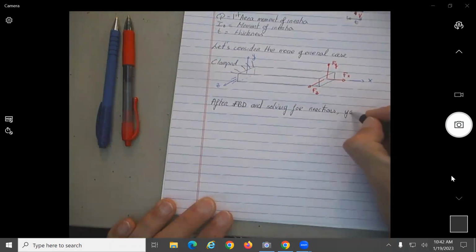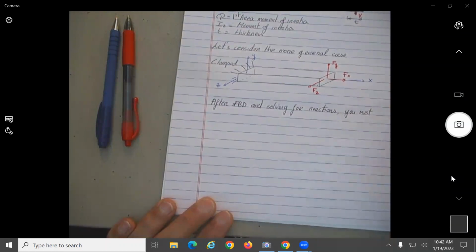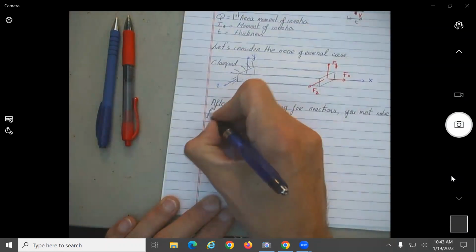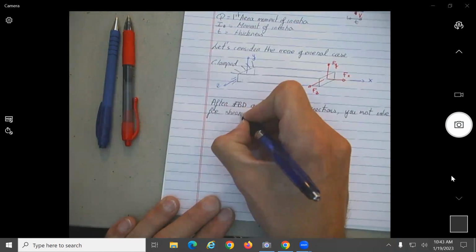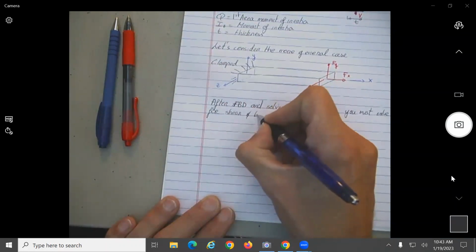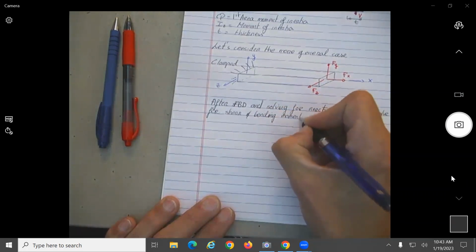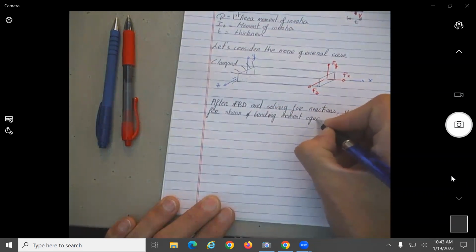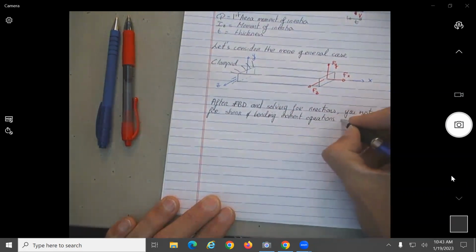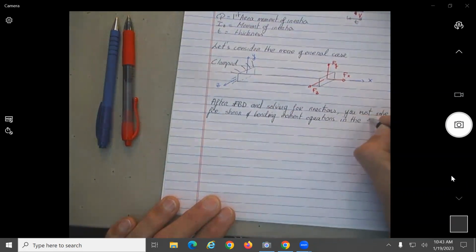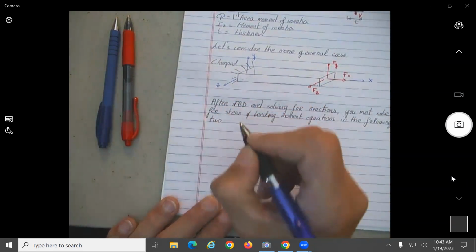So let's say you must, I mean, not you must, you should solve for shear and bending moment equations in the following two planes.